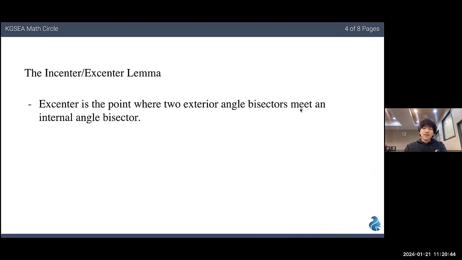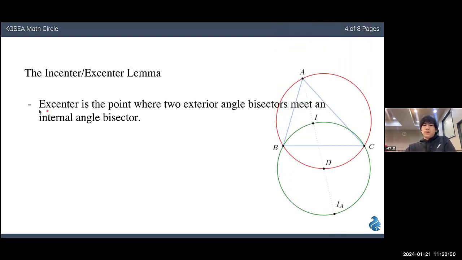Yeah. Now the next one is the incenter/excenter lemma. First, for people who might not be familiar with the term excenter, it's when the two bisectors of the external angles meet an internal angle bisector.